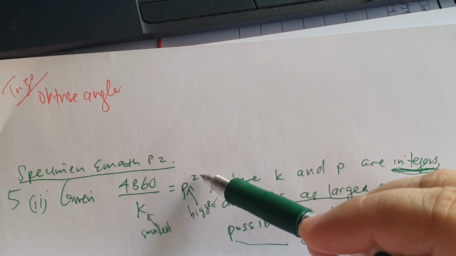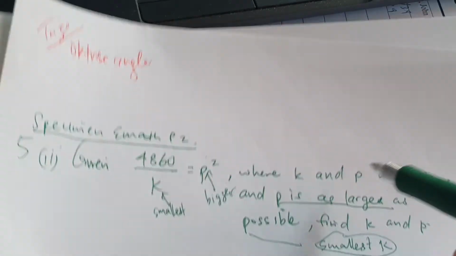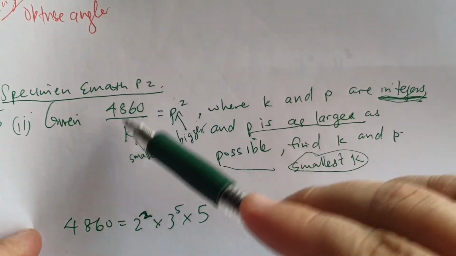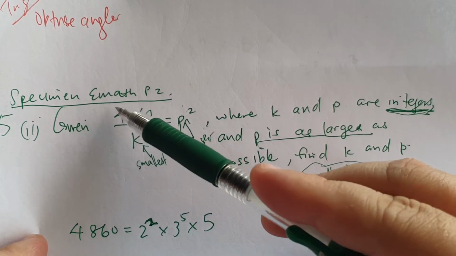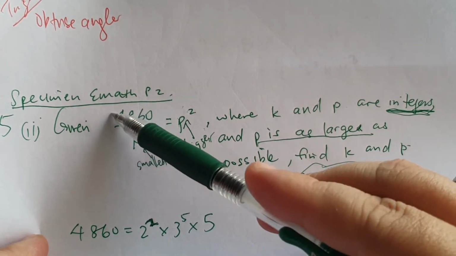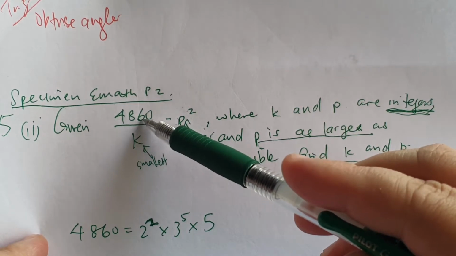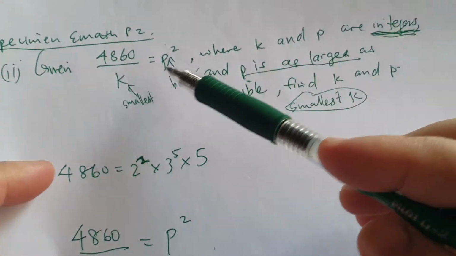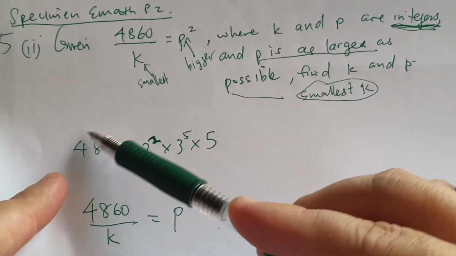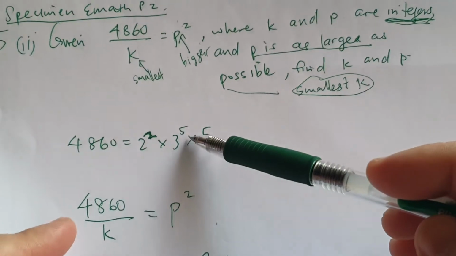Now you see a square here. So if I want to find p, I of course need to take square root of both sides, which means that indirectly they are trying to tell you that they want this divided by this to be a perfect square. And the only way you can do it without using a calculator is to do prime factorization.